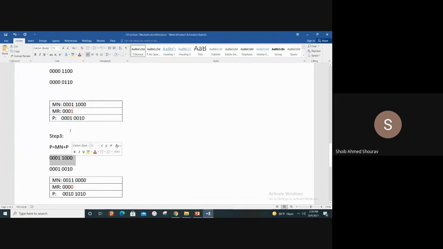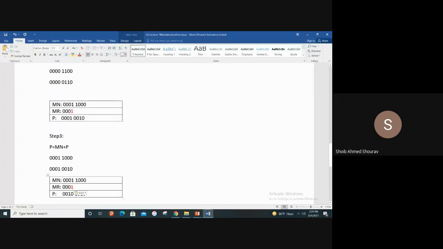This is mn, this is the new product register, and we are going to add these two to get this product. We can use the calculator in case we need. And after that, we are going to shift left this mn one time and shift right this mr one time.